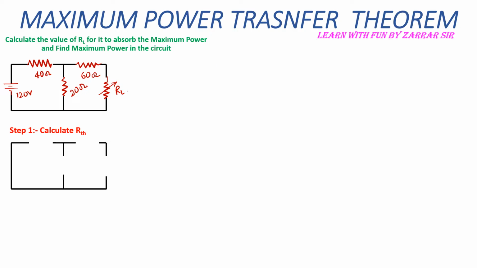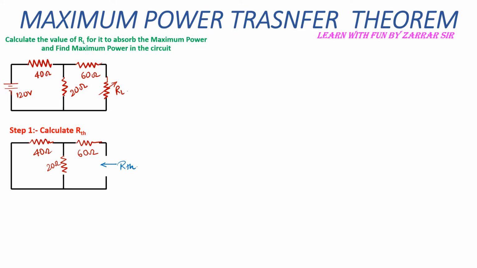The resistance will be the same: here I have 40 ohm, here I have 20 ohm, and here I have 60 ohm. And now I need to calculate the resistance from this part. This is my RL or RTH.